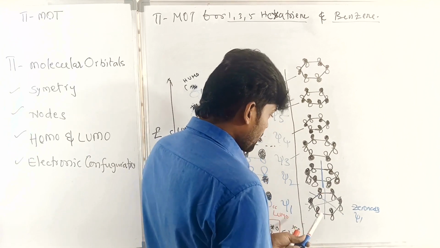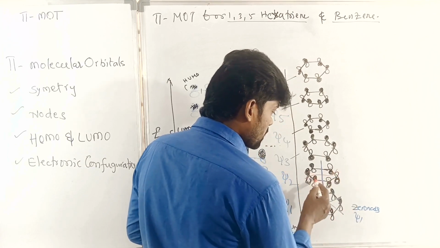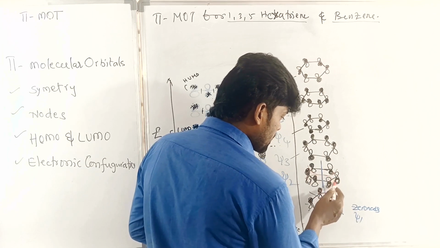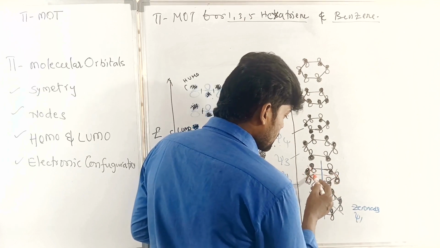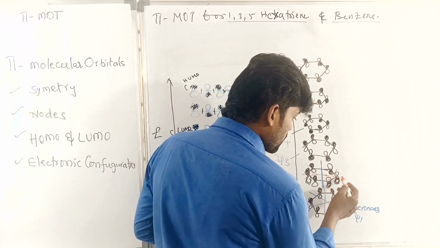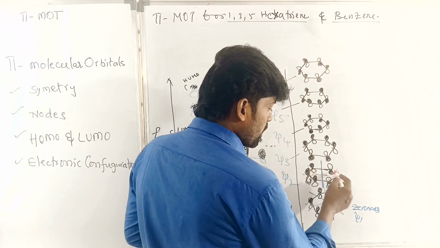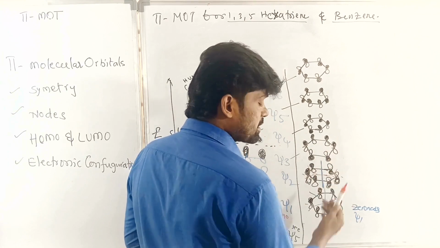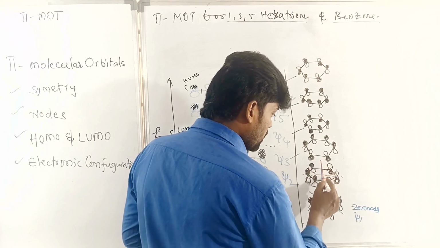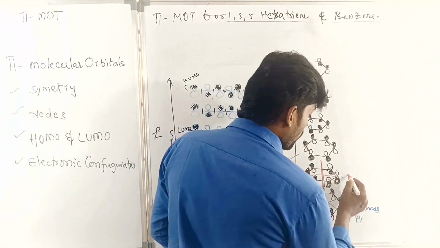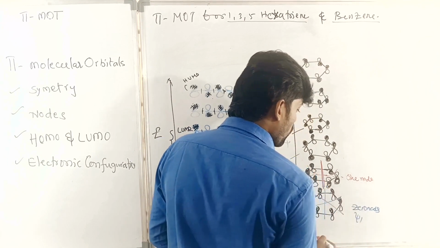If we try to cut with another axis, we are not able to cut because both are the same. With respect to any other plane or axis, we are not able to cut them into two parts except this one axis. So one nodal plane is there, one node present.